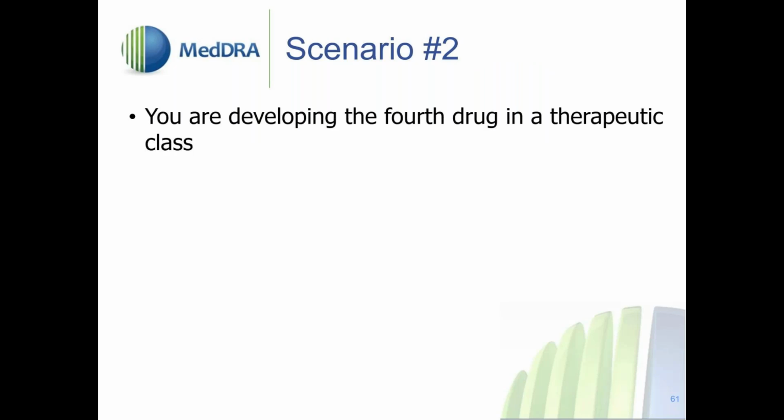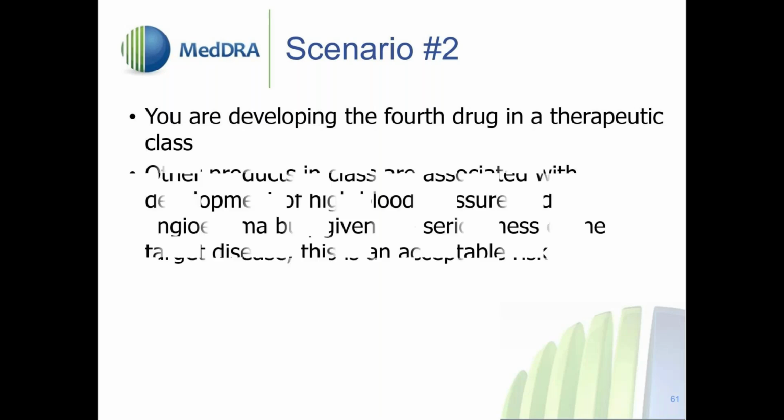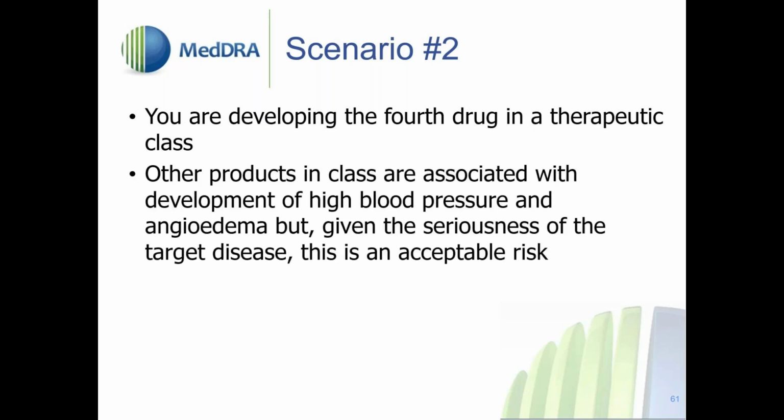Here's a second scenario. This time you're working on a drug that is not a new product; it's actually the 4th in a therapeutic class. And you already know that the other products in this particular class have been associated with the same kind of safety profile. You're seeing high blood pressure, you're seeing angioedema, but you're trying to cure something significant. Let's say you're trying to cure cancer.